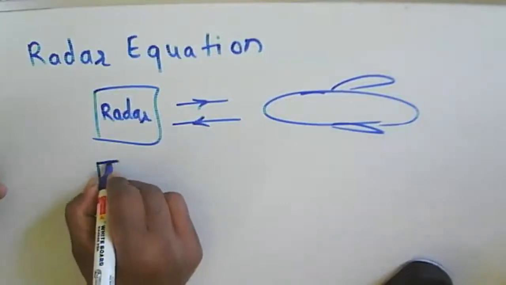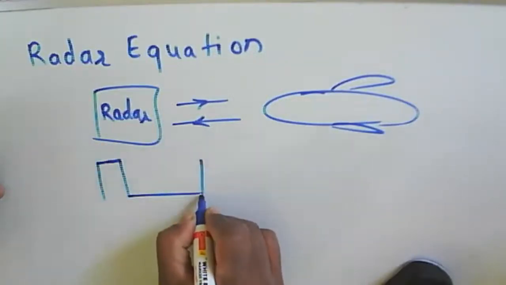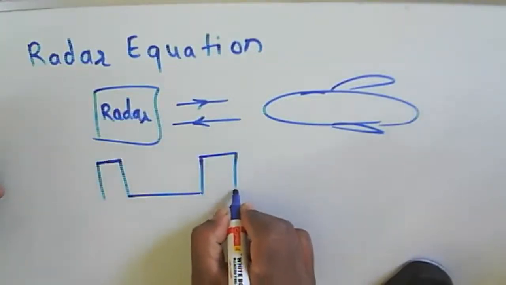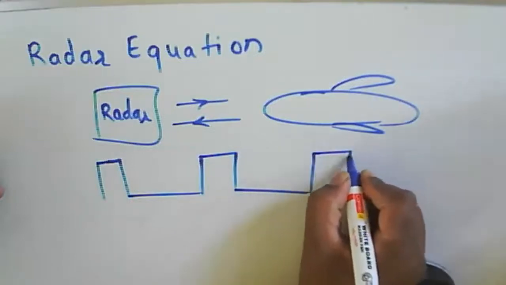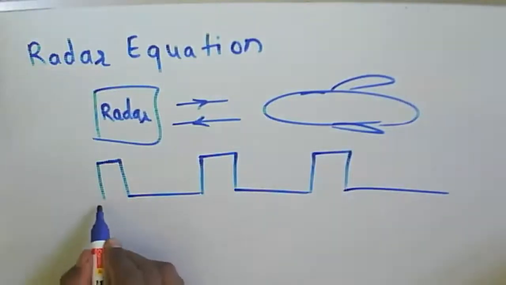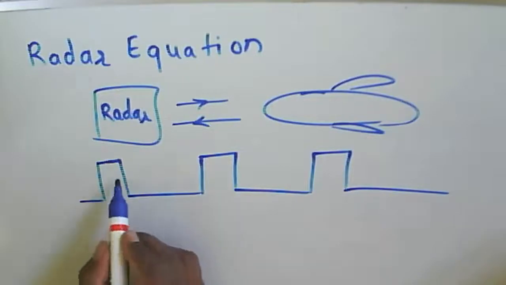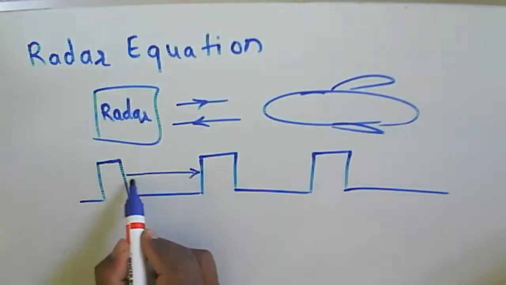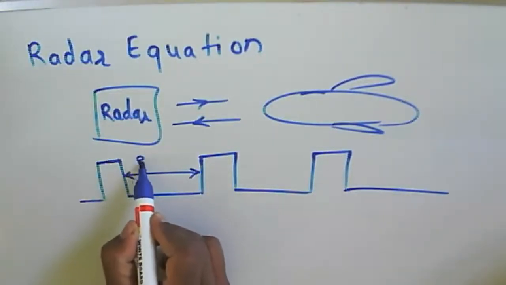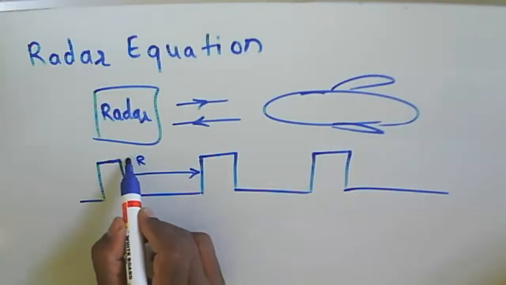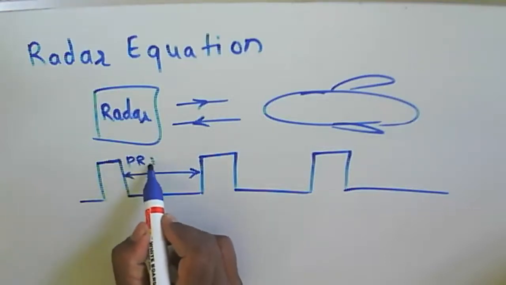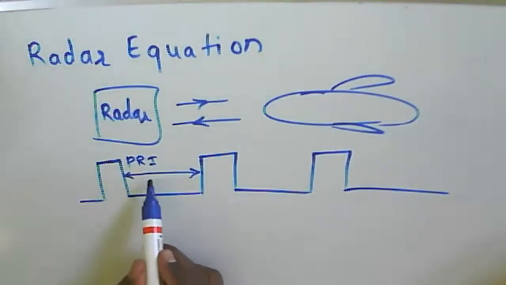These are nothing but rectangular pulses generally sent by the radar, and each rectangular pulse has some particular duration, and then it has some particular repetition interval, the pulse repetition interval, in between the pulses there.